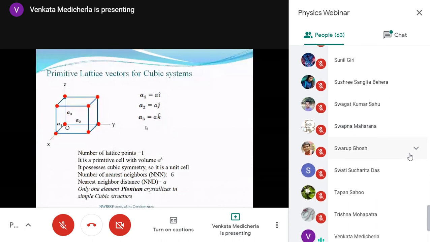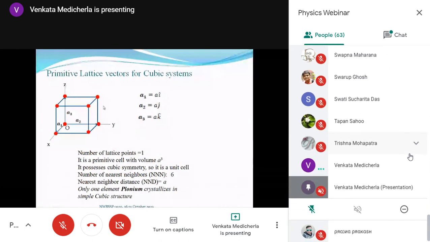Now, how many lattice points are there in this unit cell? We have only one lattice point. So it's a primitive cell with volume A cube. It possesses cubic symmetry, so because it is a symmetric primitive cell, it can be called a unit cell also. So in this case, the primitive cell is the same as the unit cell.